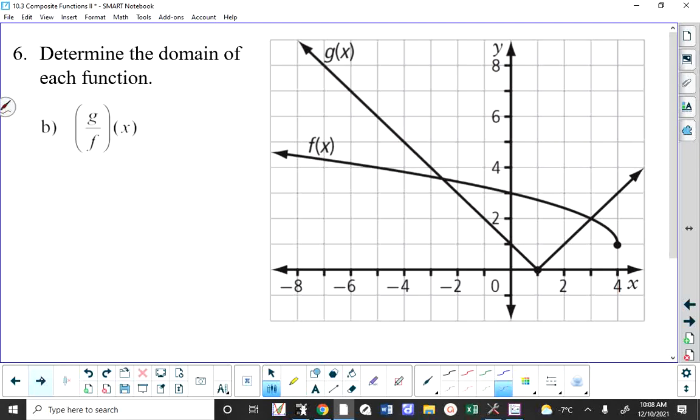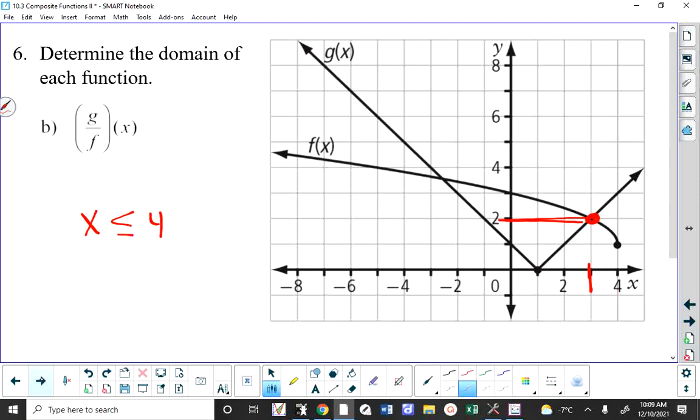No. X has to be less than or equal to 4. And we're just going to end it there. Now, you said 3. You wanted to have a non-permissible value because we're dividing. But this point right here where you said x is 3, that's allowed. Those y coordinates are both defined.